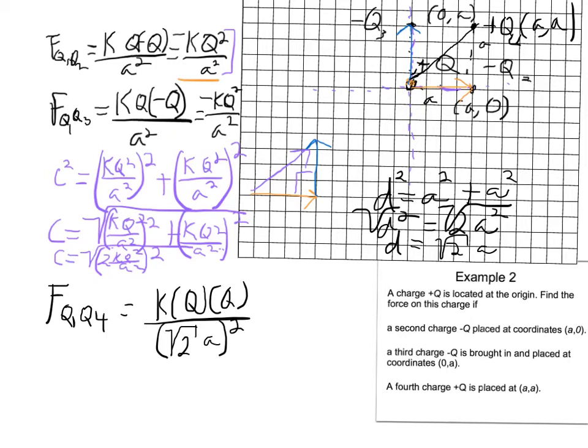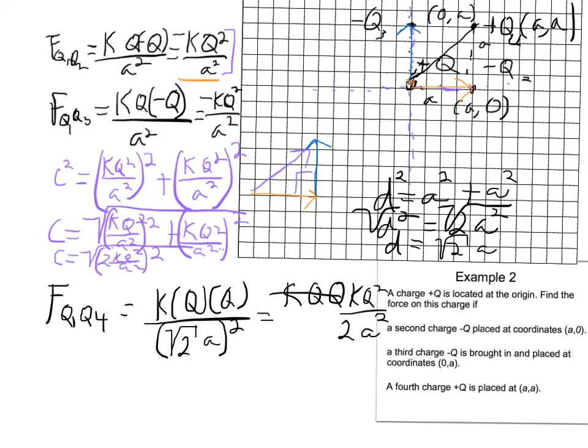We square it. And so force q1 q4 is k q squared, q times q is q squared, over the square root of 2 squared, which is 2, times a squared, which is a squared. So that's our force.